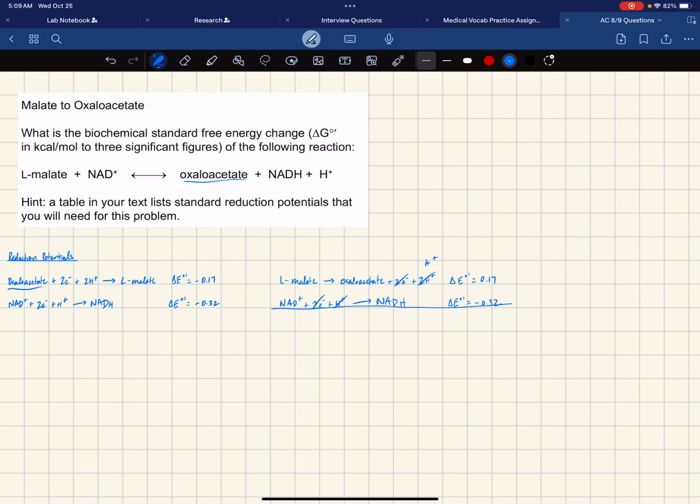And then we get our net reaction of L-malate plus NAD plus goes to oxaloacetate plus NADH plus an H plus. And then we add down our delta E naught, we get negative 0.15 volts.